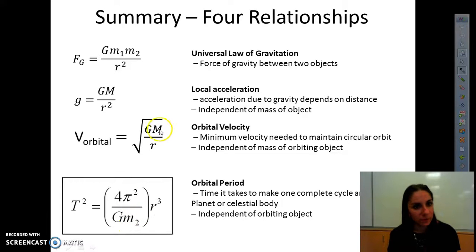Even though the variables are different, don't worry about that. They both mean the big M here. Sorry, same thing, I can see how this can be confusing. Regardless, the big M always refers to the mass of the central object. R refers to the orbital radius, and I think everything else should hopefully be pretty self-explanatory.